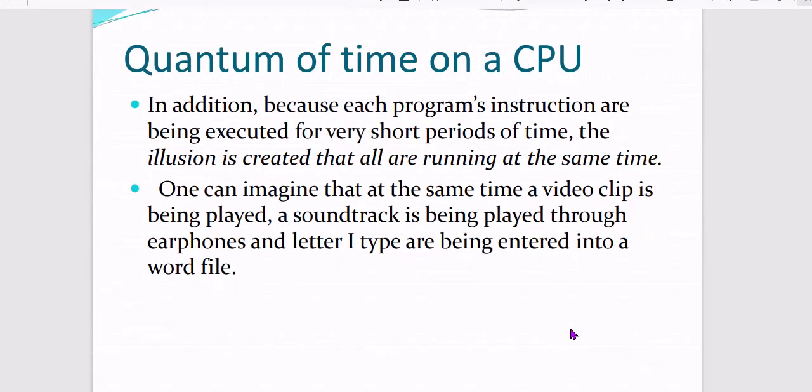So, because each program's instructions are being executed for very short periods of time, I mean, maybe 150 nanoseconds, can you imagine the scale of 150 nanoseconds as a period of time? It's very, very, very small.